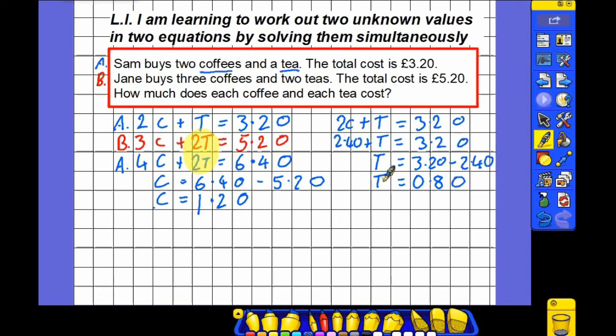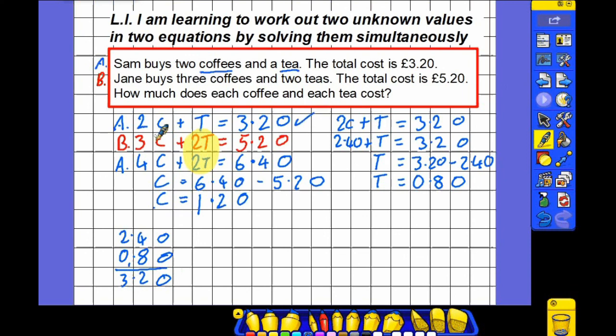So let's check whether or not that makes sense by plugging both values back into an equation. So 2 coffees, well, that's going to be 2 times £1.20, which is going to be £2.40, plus a tea at 80 pence. Does that equal £3.20? Well, yes, it does. So it seems it works for this equation here. What about our other equation?